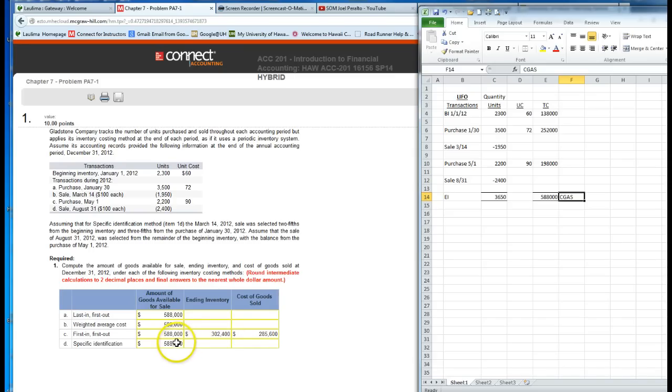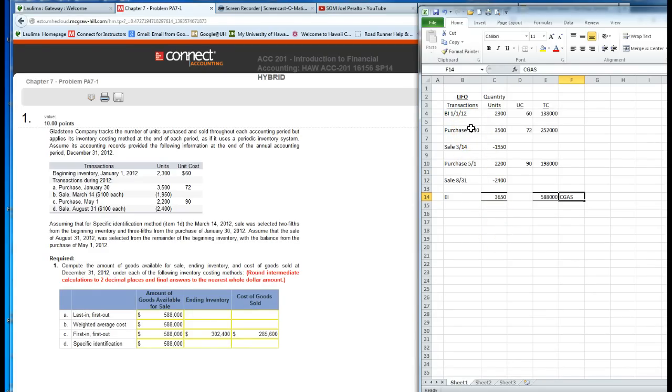Before we left for the day, I wanted to make a point that for each of the four different cost flow assumptions, the amount of cost of goods available for sale will not change. That is always the same. And I'm trying to illustrate that here on the spreadsheet over on the right side.